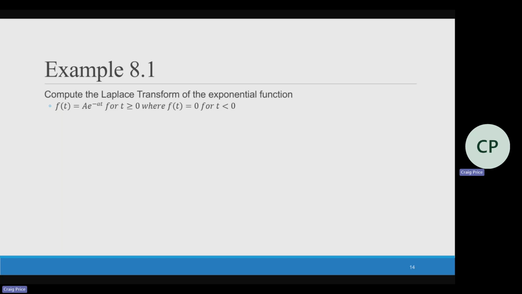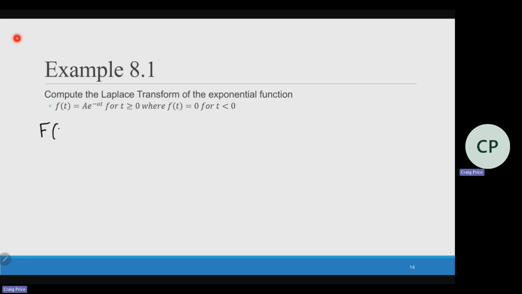So imagine I had a function of time, some kind of constant capital A times e to the negative lowercase a t. If I wanted to find the Laplace transform, and the initial conditions are 0, so it starts at 0, here would be the definition.